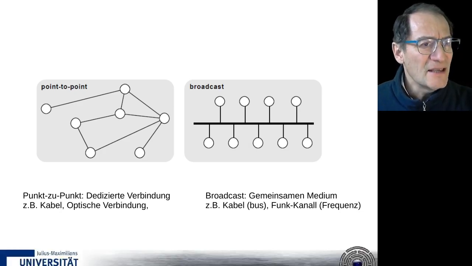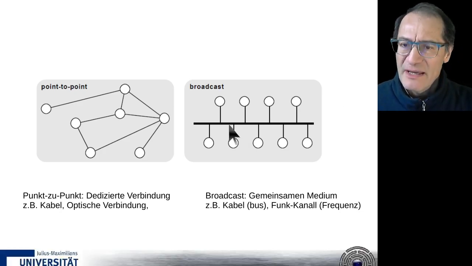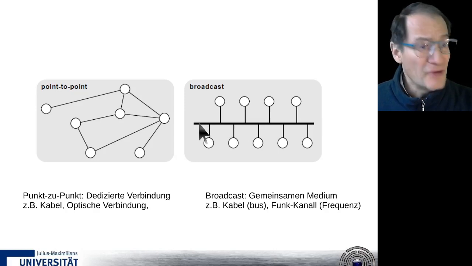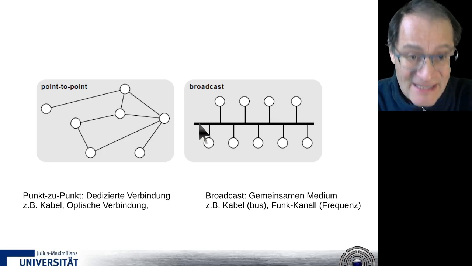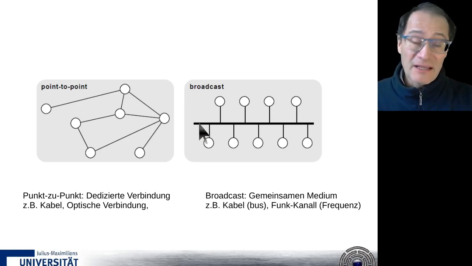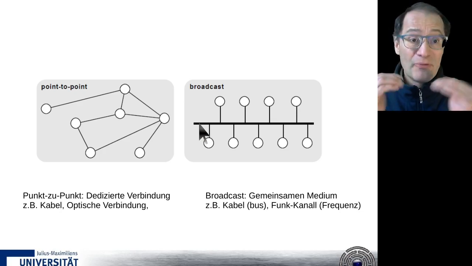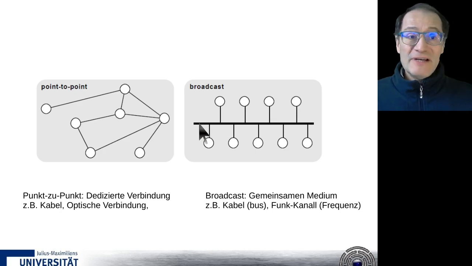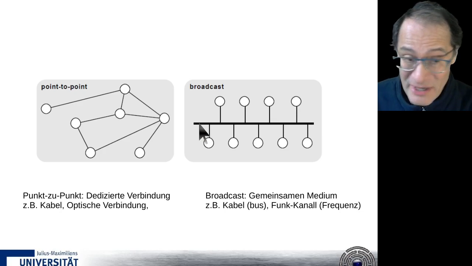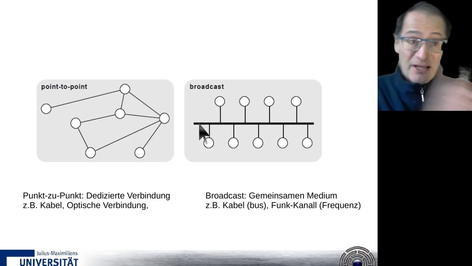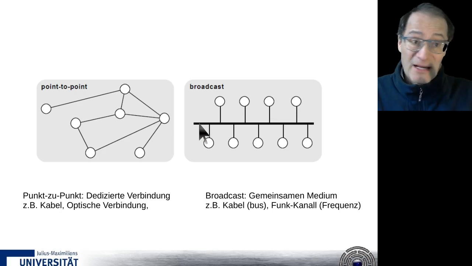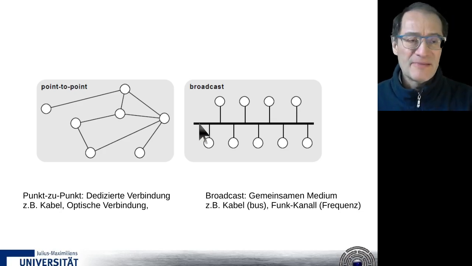First, let's say, what is a collision? For example, if we have a common medium and two try to send data in the same medium at the same time, then the data will be overlapped. We have a collision, and the receiver will get only noise, only trash. It will not be able to differentiate which message is coming from there and which message is coming from there, and they are two messages, but if you're the receiver, it's only noise.